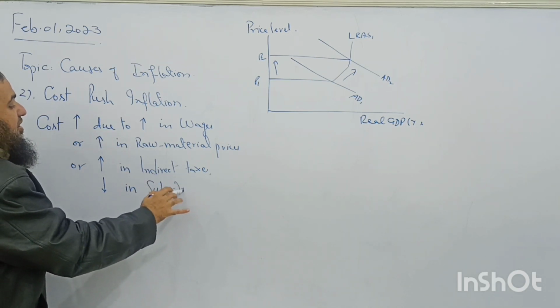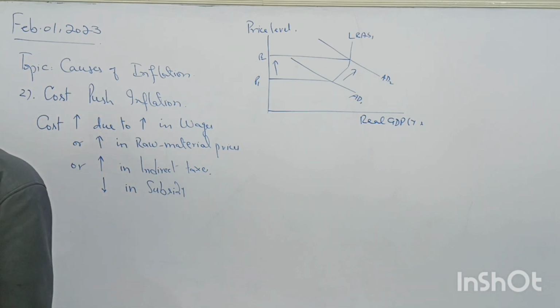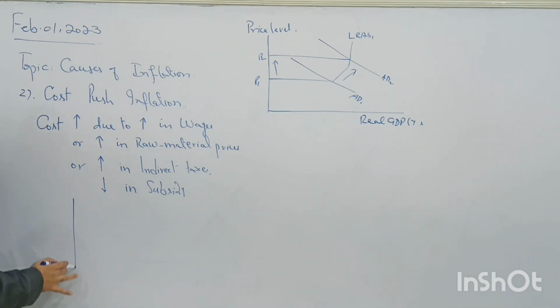So they are all causing cost of production to increase, or you can say increase in transportation cost of the goods. When fuel becomes expensive, the transportation cost of everything will increase.